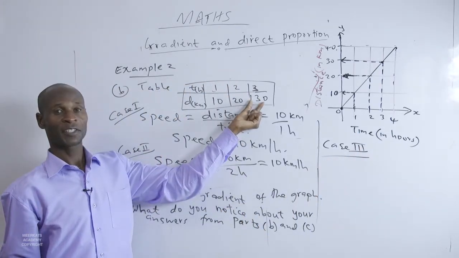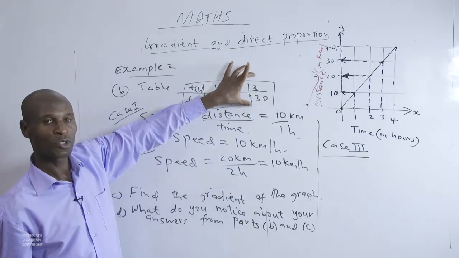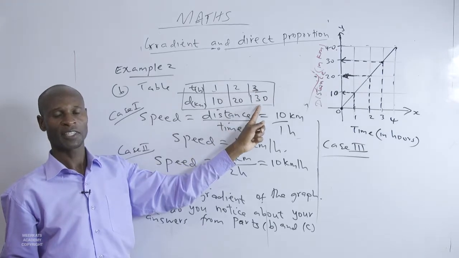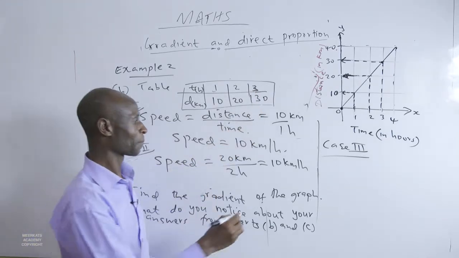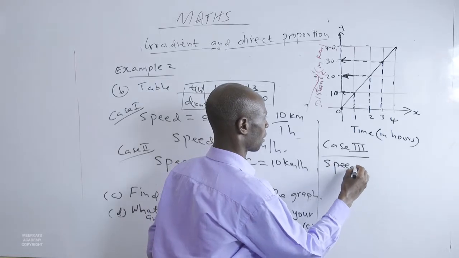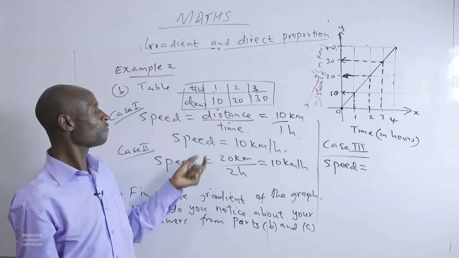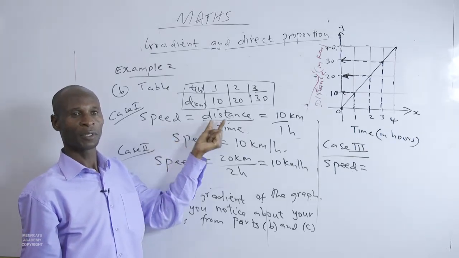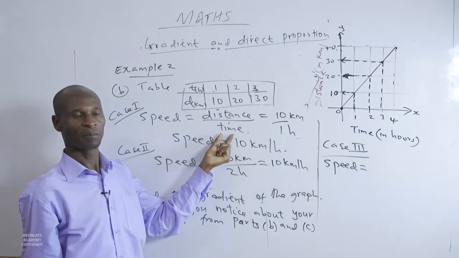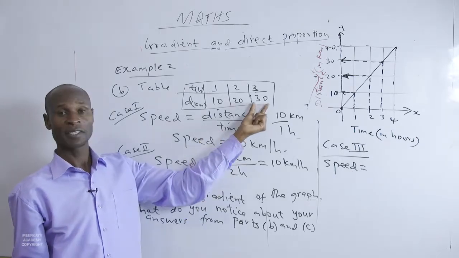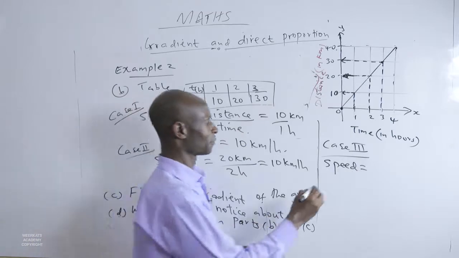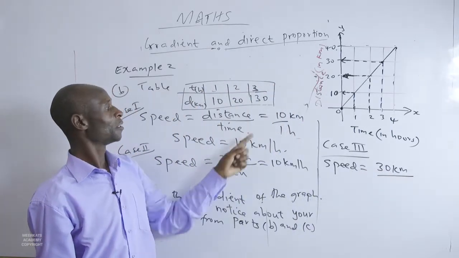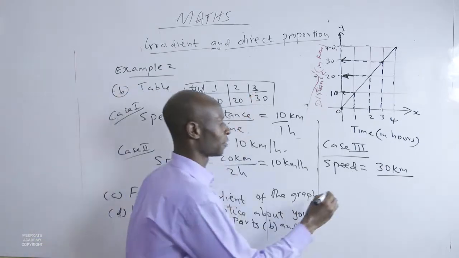In the last case, we want to use the last values from our table. That is, when time is 3 and distance is 30, what is the speed? From our initial formula, we said speed is equivalent to distance divided by time. In our case, the distance is 30 kilometers, while the time is 3 hours.